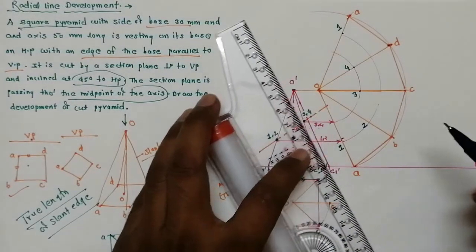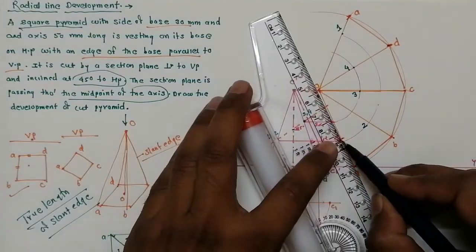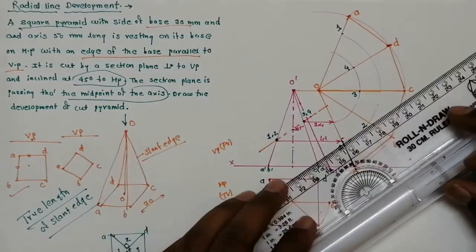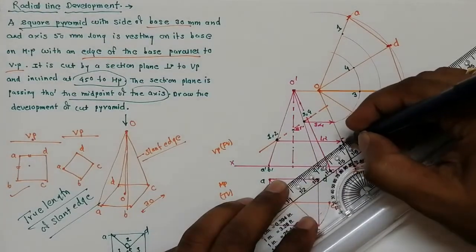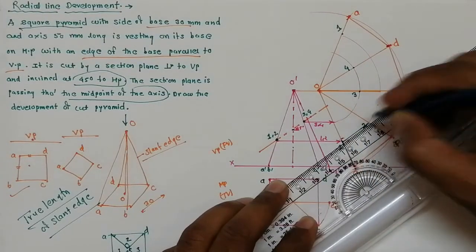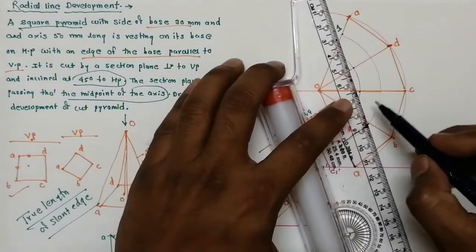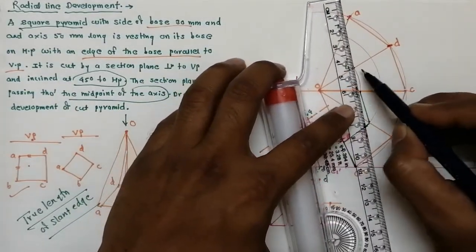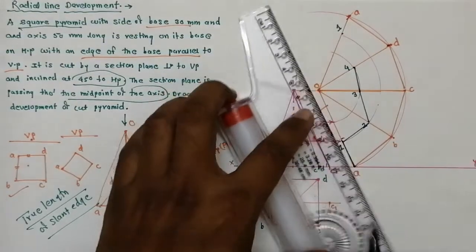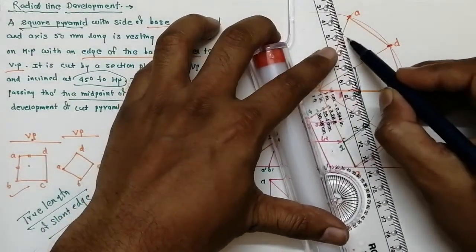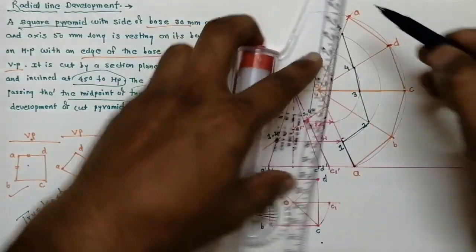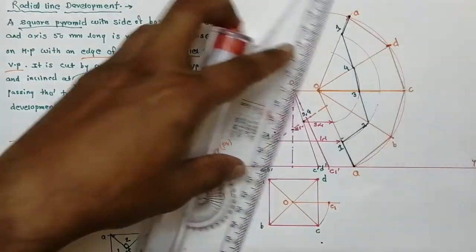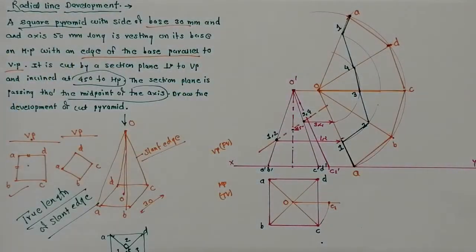So now join this. So join 1 to 2, then 2 to 3, then 3 to 4, then 4 to 1. And then like this.